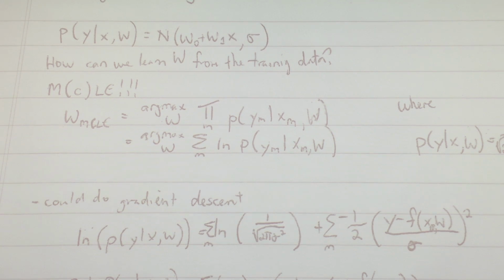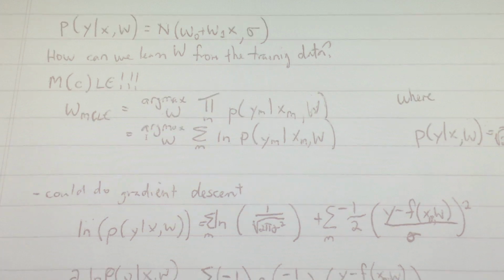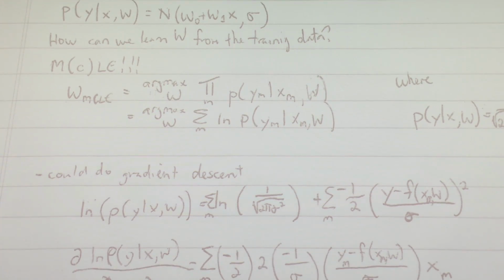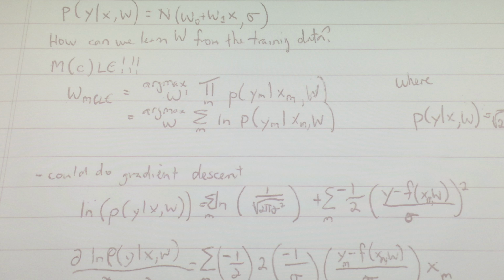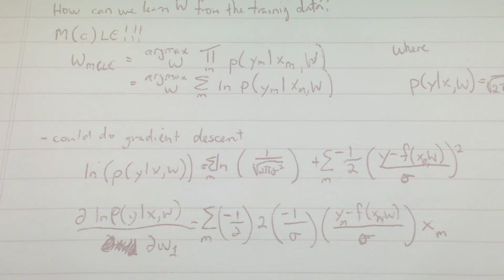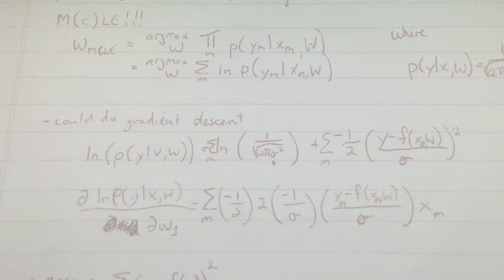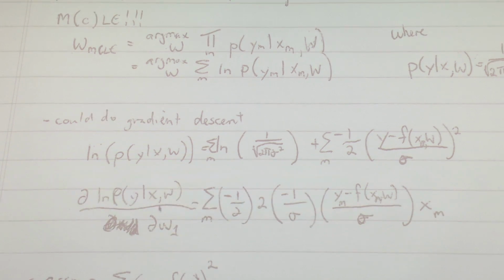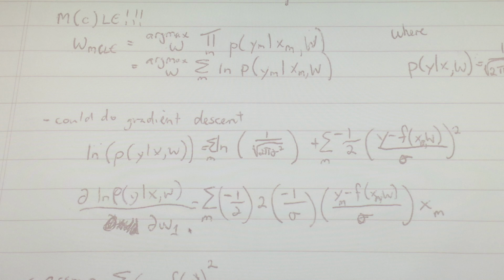In order to train linear regression, there is a closed form solution that you should figure out at some point in your life, but we only did stochastic gradient descent in this case. So again, the same dance we've done before. This is our maximum likelihood estimate of our weight vector. We can do gradient descent, so we take the log here and take the derivative with respect to w.